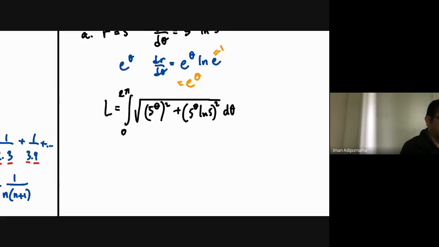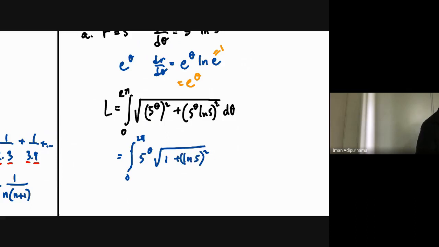From here, we can see that 5 to the power of theta squared, or 5 with power of 2 theta. This is also 5 with the power of 2 theta. I can factorize that out, one plus.